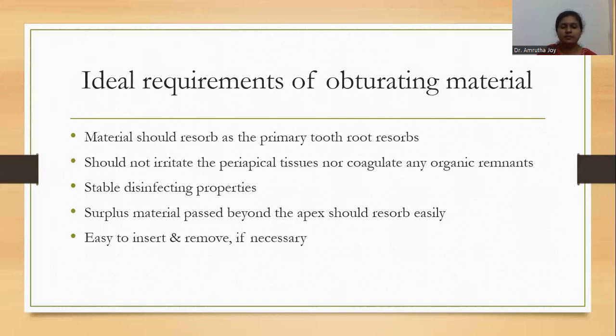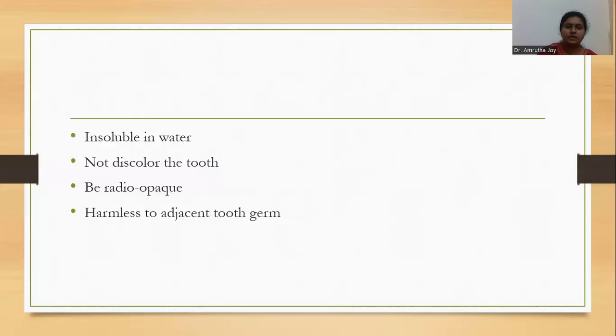And if the material is passed beyond the apex, it should resorb easily, and it should be easy to insert and remove if needed. Then it should not be soluble in water, and it should not discolor the tooth. And it should be radiopaque, and it should be harmless to the adjacent tooth or the succedaneous tooth germ if it is overfilled.